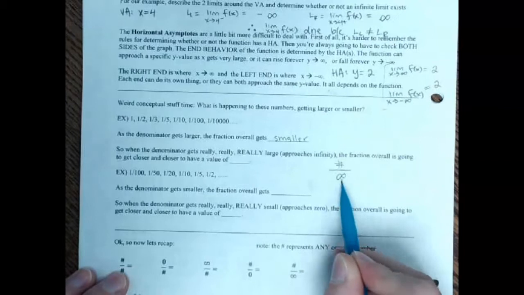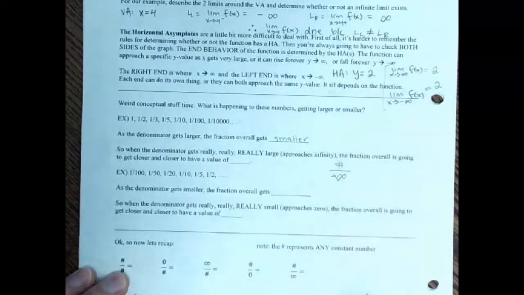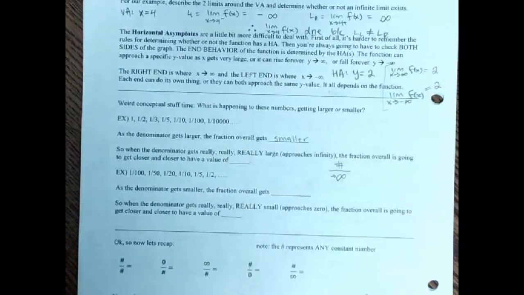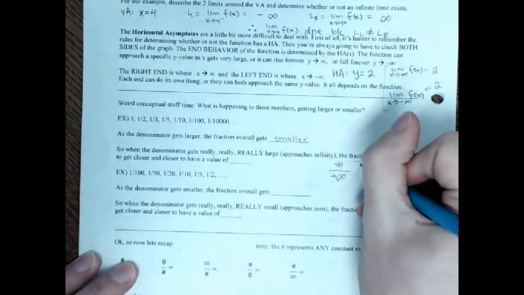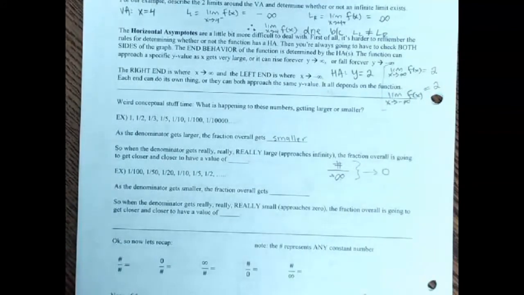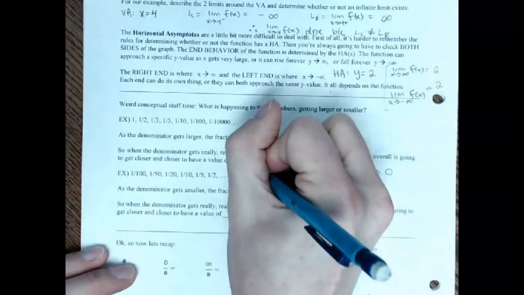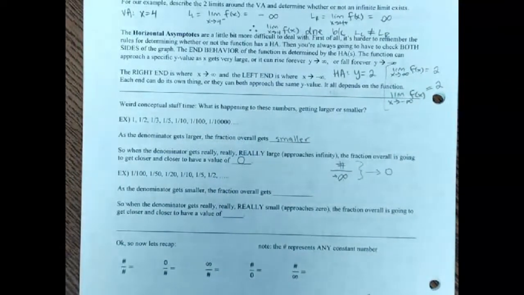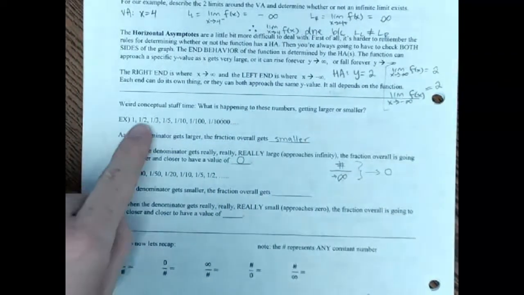If the denominator gets closer and closer to infinity, if it gets really big, then this fraction as a whole is going to get really, really small, and it's going to approach 0. So if the denominator approaches infinity, then the fraction overall is going to approach a value of 0. It's just an extension of this same idea.